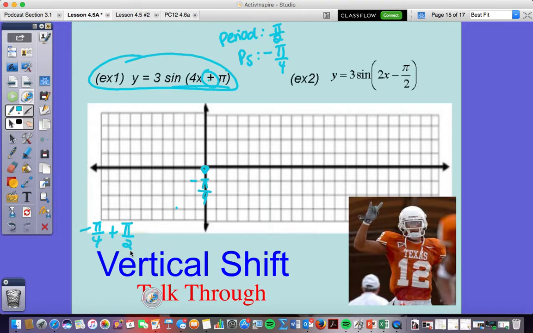Where's the middle one? If I go from negative pi over 4 to pi over 4, what's the middle between negative and positive?